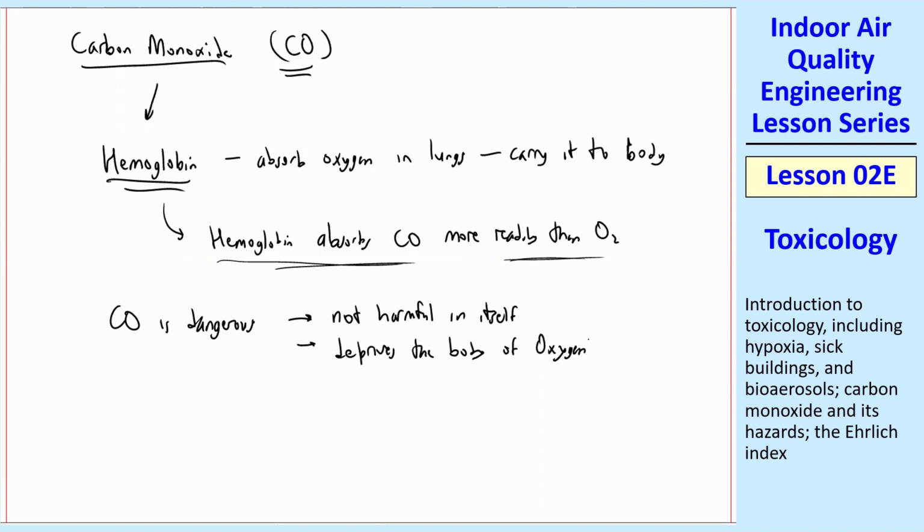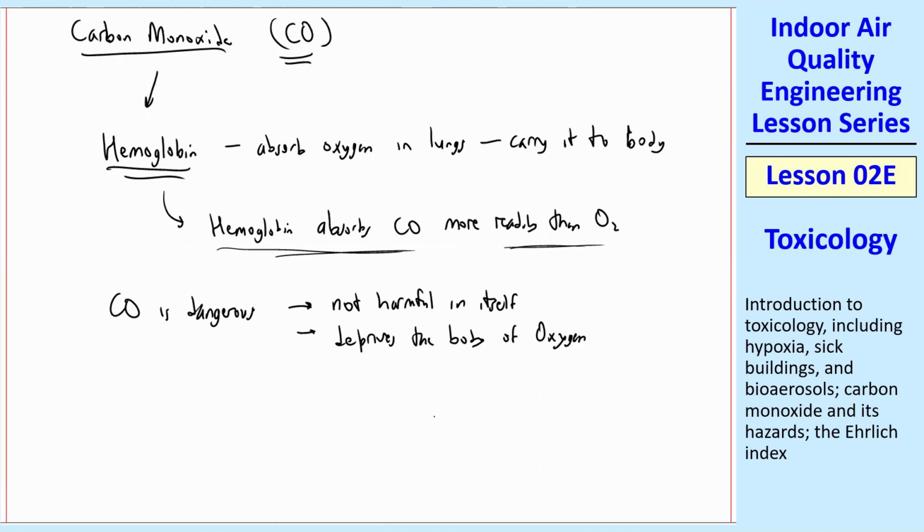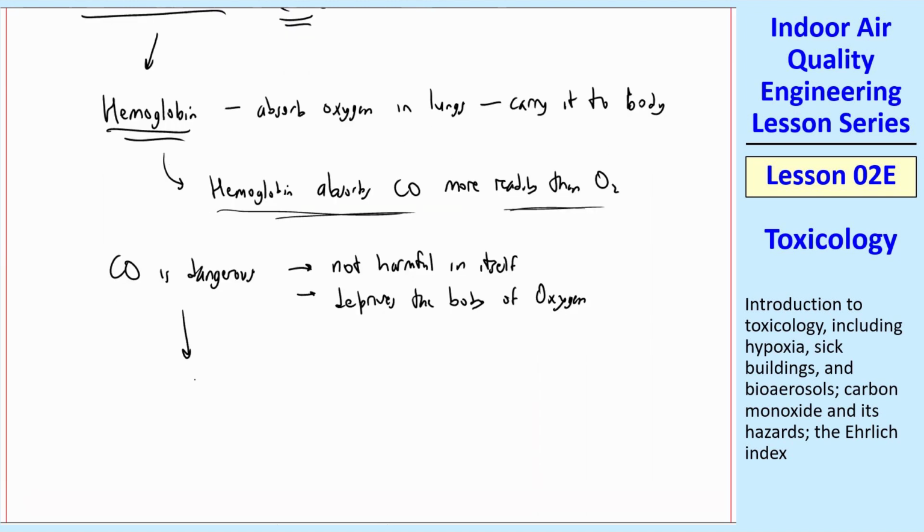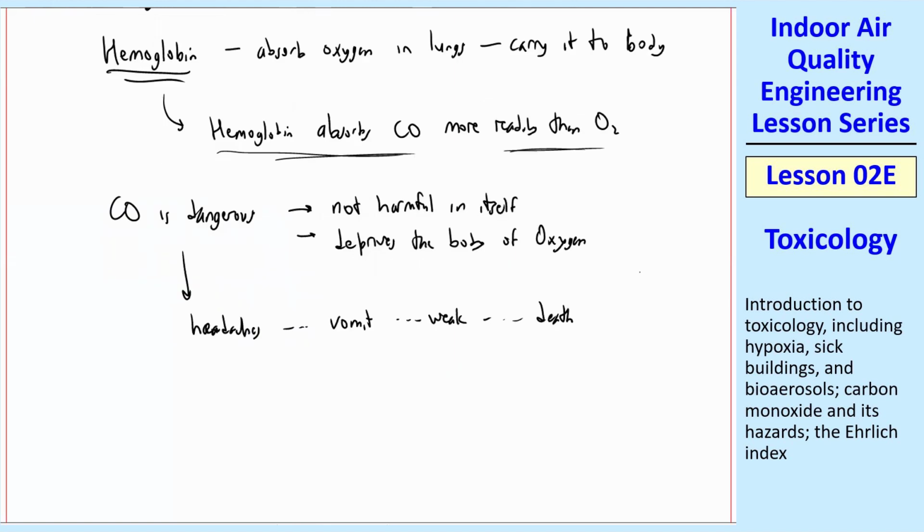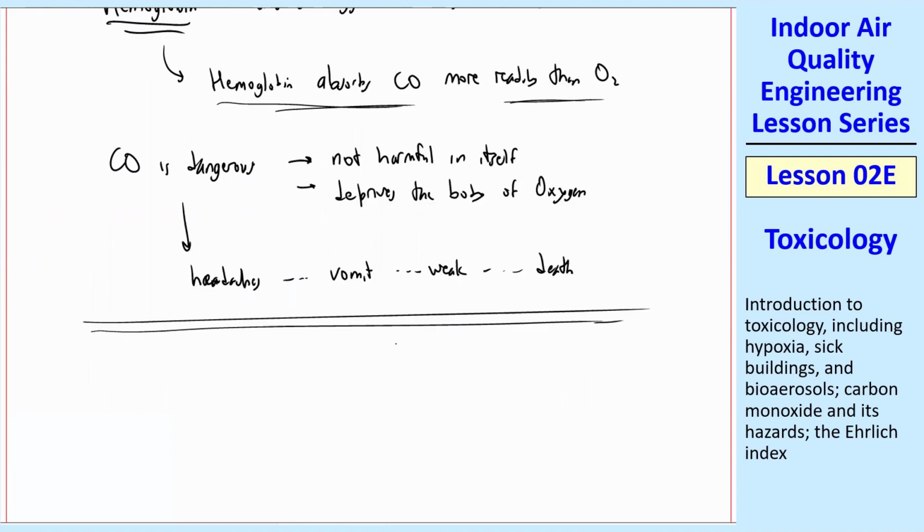Same thing with CO. If you have too much CO, you have too little oxygen. That's what causes the problem. When I say it's dangerous or hazardous, in small doses it can cause headaches, and then if you have more, it can cause vomiting, and then you get weak, and eventually you can die from it. There are lots of stories in the news of people using stoves or burning something inside without proper ventilation, and some of that CO comes out and leads to high enough levels that you have some serious issues.